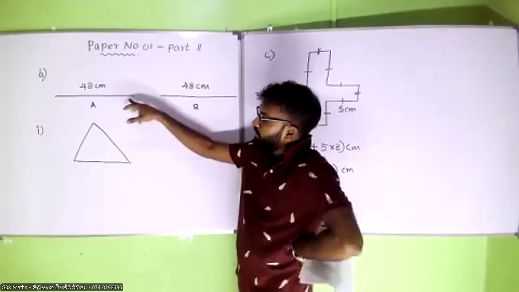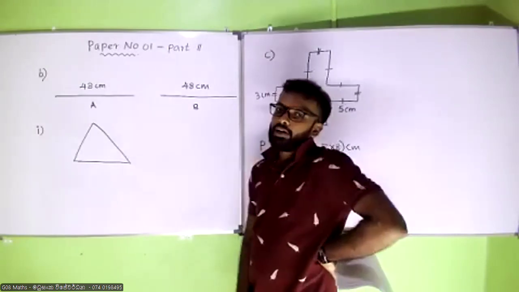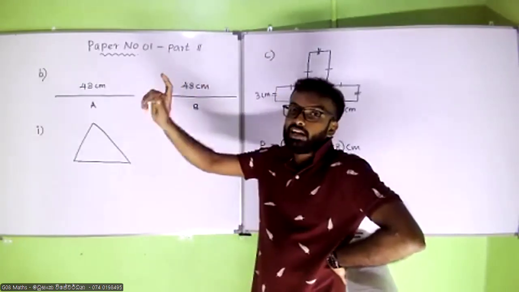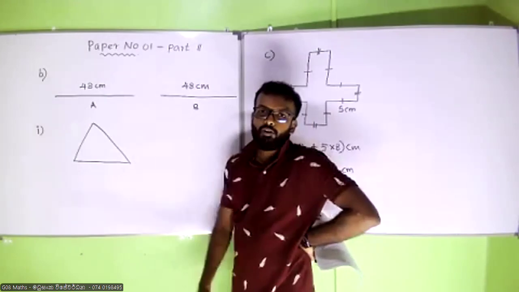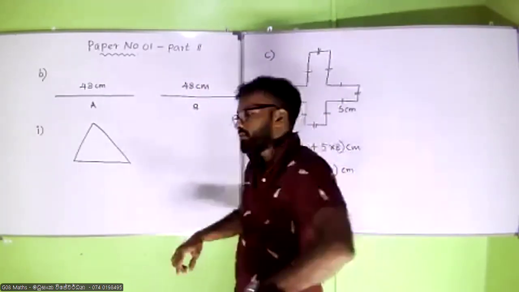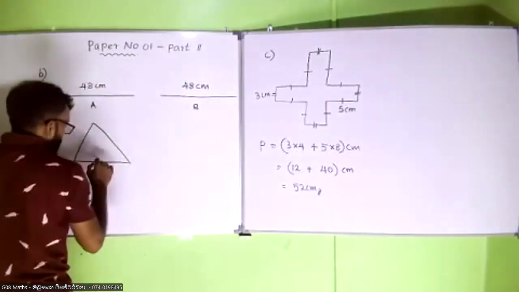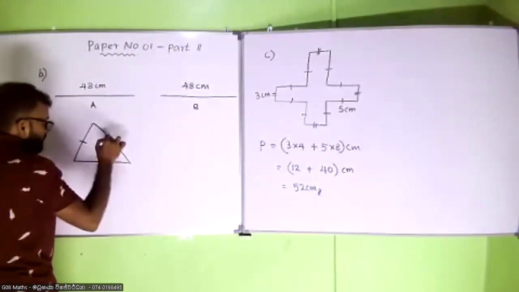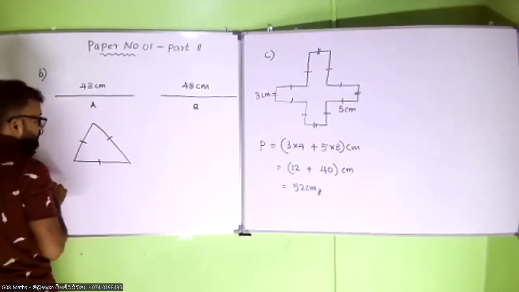But here, what is the property that's related with the length? All the sides are equal in length. Yes. So all the sides should be equal in length.